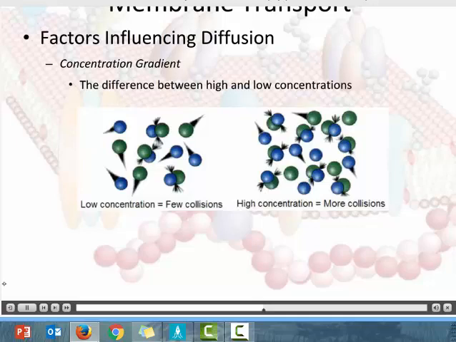So big gradients mean faster diffusion. On the other hand, if we have two concentrations that are very, very similar, then there's not a lot of pressure for substances to move across the membrane, and diffusion is going to be much slower. So high concentration gradient difference means greater rates of diffusion.